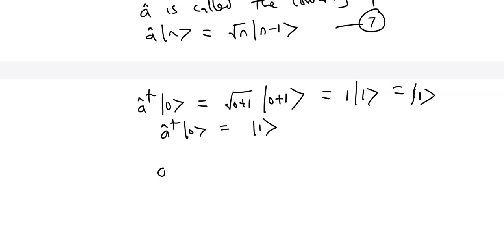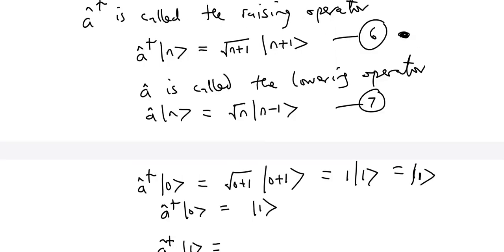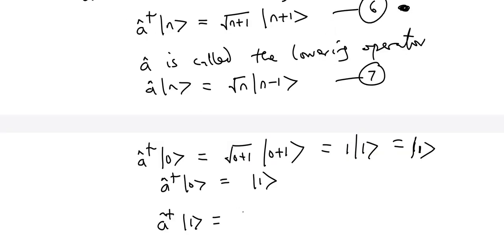Then if a dagger acts on state 1, it will be the normalization constant, which is the square root of n plus 1, so the square root of 1 plus 1, then state n plus 1, which is 1 plus 1, that is 2. So in that case it will be the square root of 2, then state 2, and so on and so forth.